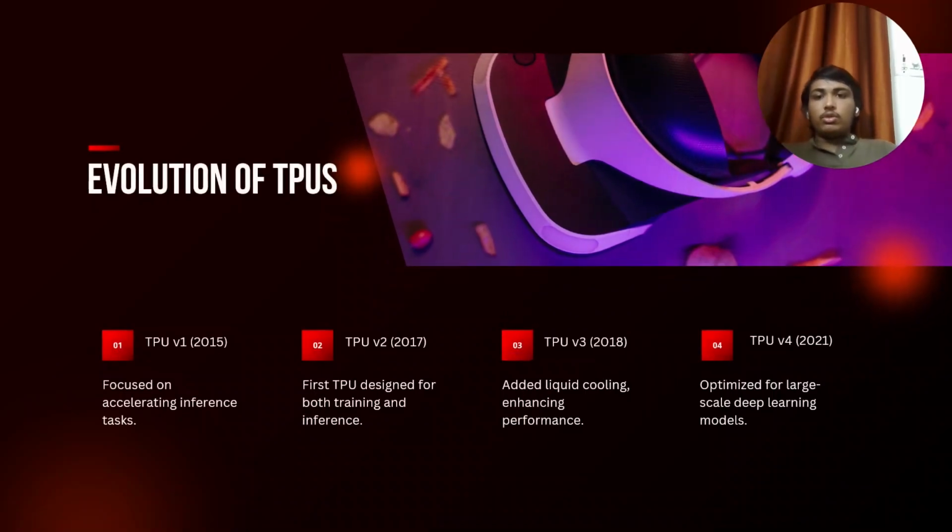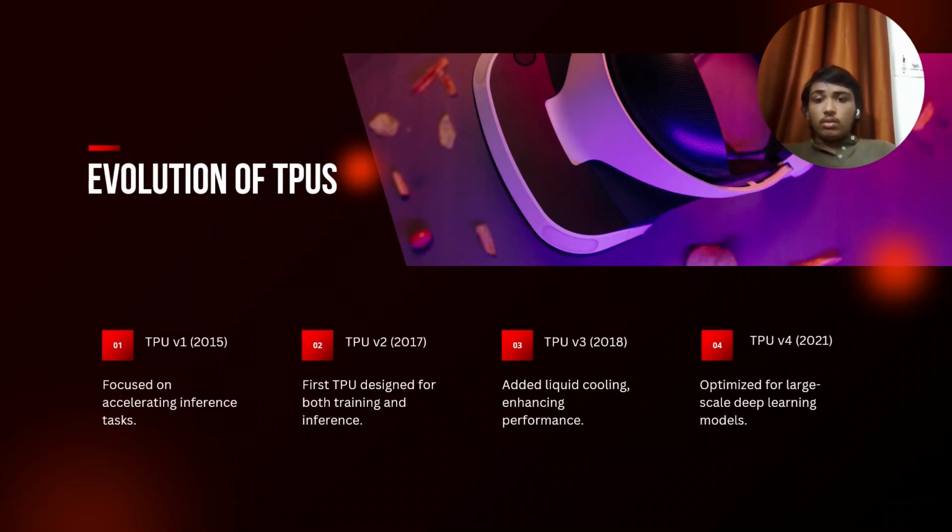These are the evolution of TPUs. The first generation only focuses on accelerating inference tasks. Inference basically means that once the AI model is trained, the model has to predict future activities, their predictions, and the emotions.